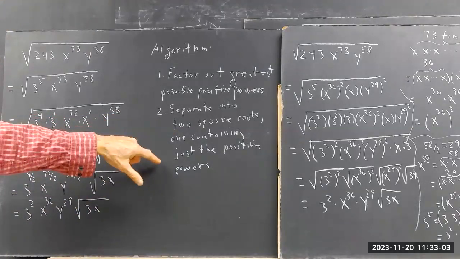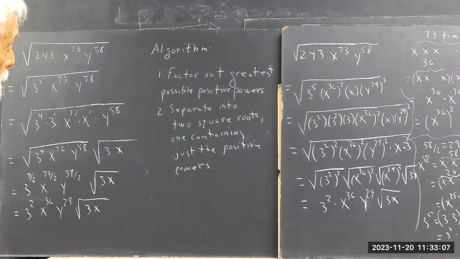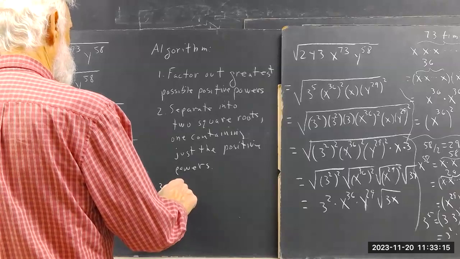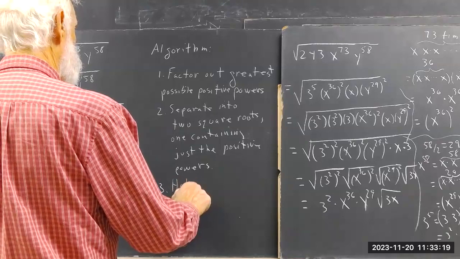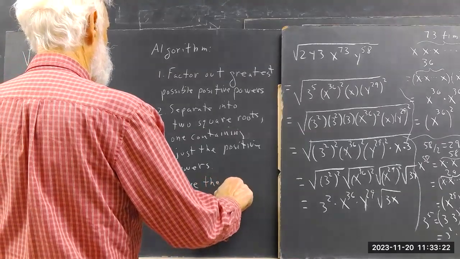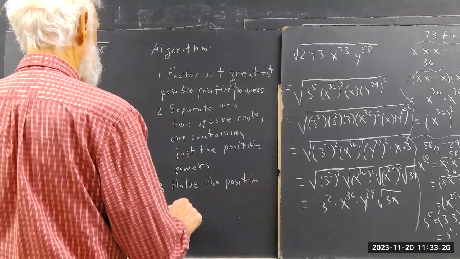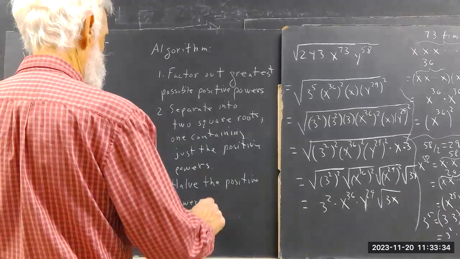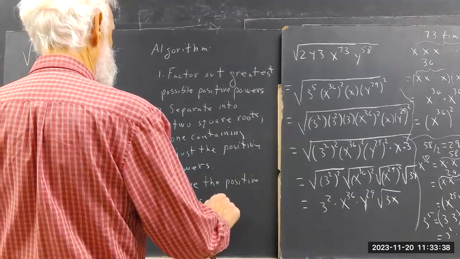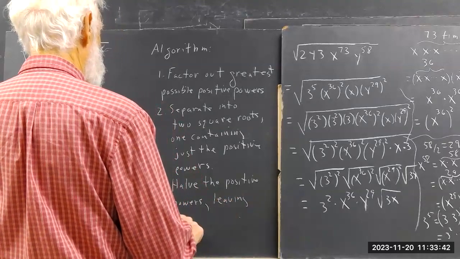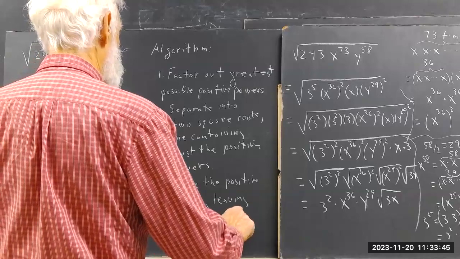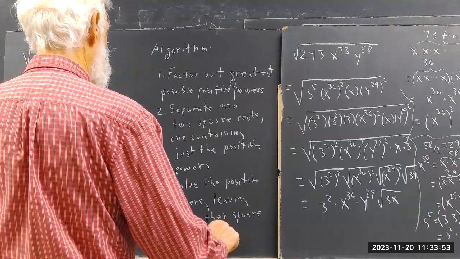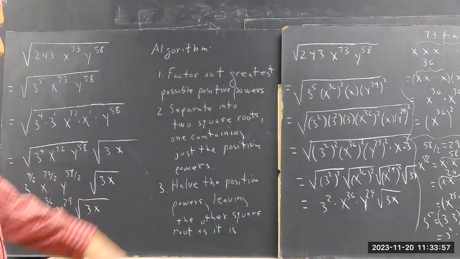Separate into 2 square roots, one containing just the even powers. Halve, meaning cut in half, the even powers. Leave the other square root as it is.